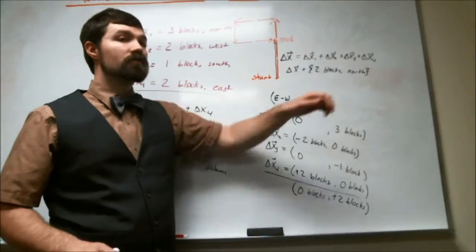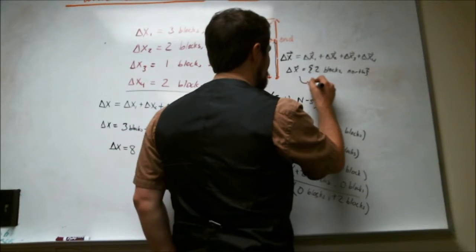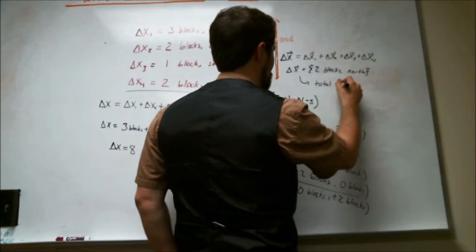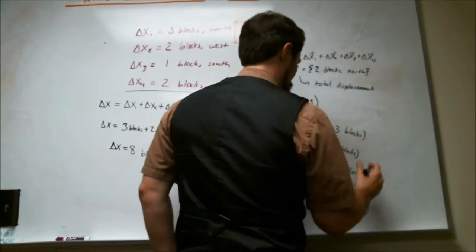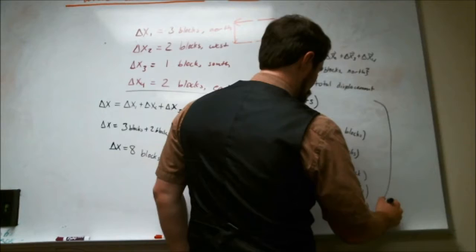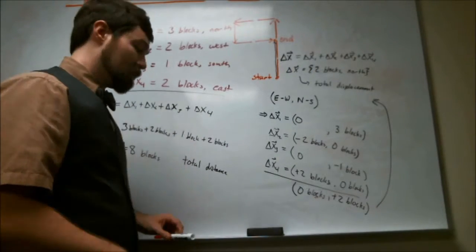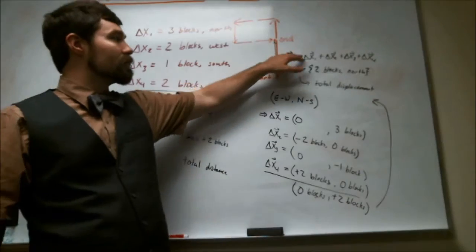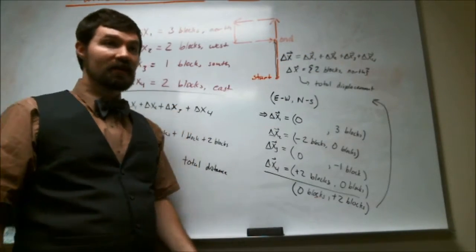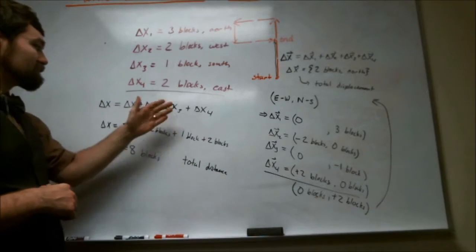As opposed to 2 blocks, comma, north, which is the total displacement. This also is a total displacement, 0, comma 2. So symbolically, we represent that difference by having these little vector arrows over the displacement and no vector arrows over the distances.